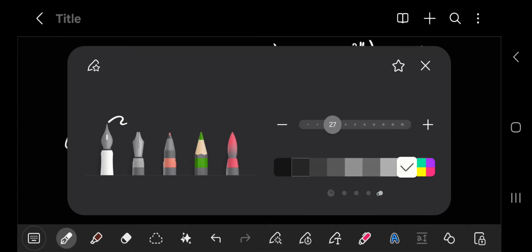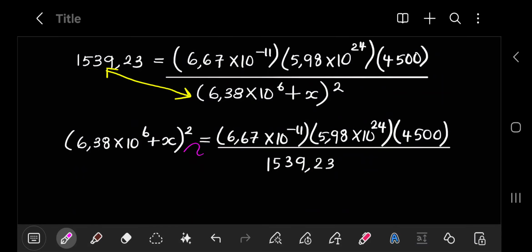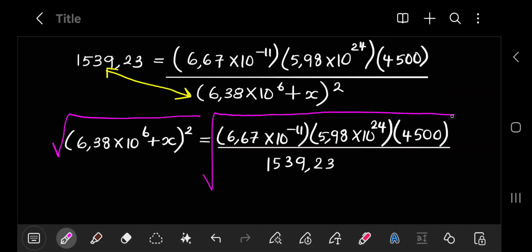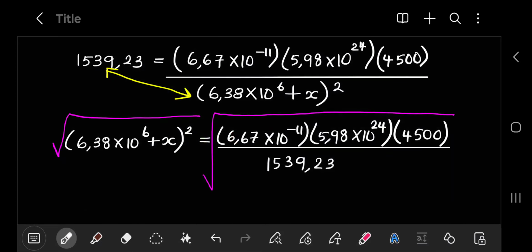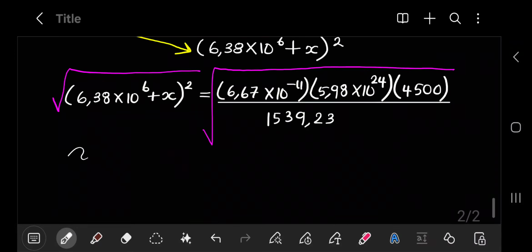The next step is we are trying to get to x, and what is holding x in this bracket is the square. To get rid of the square, we are going to square root, and we have to square root both sides since it is an equation. On the left hand side, when the square root and the square cancel out, we're left with 6.38 times 10 to the power 6 plus x.